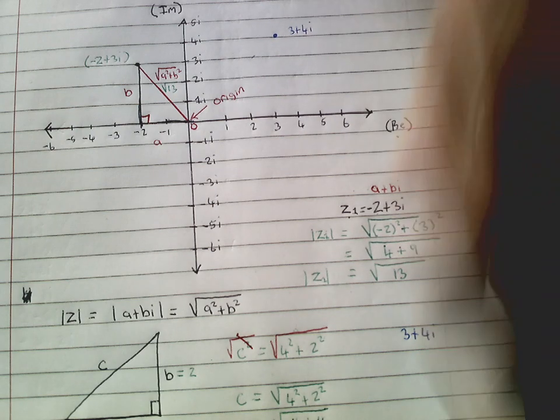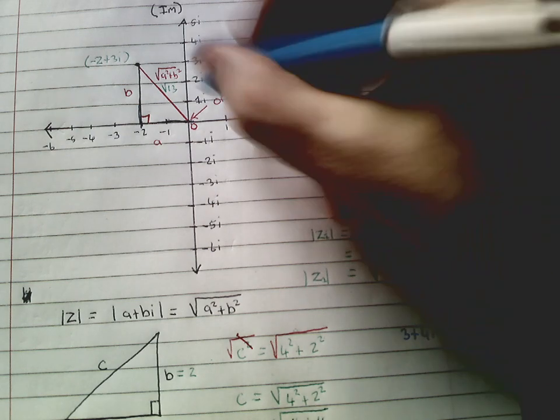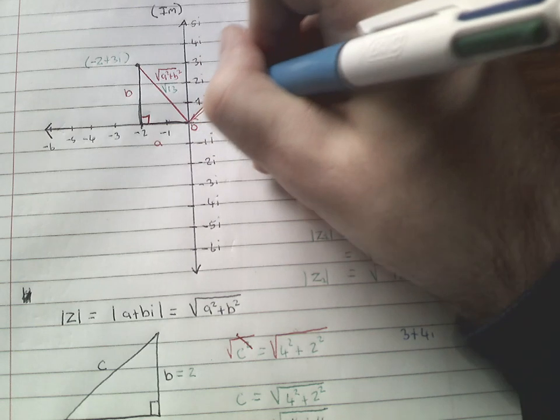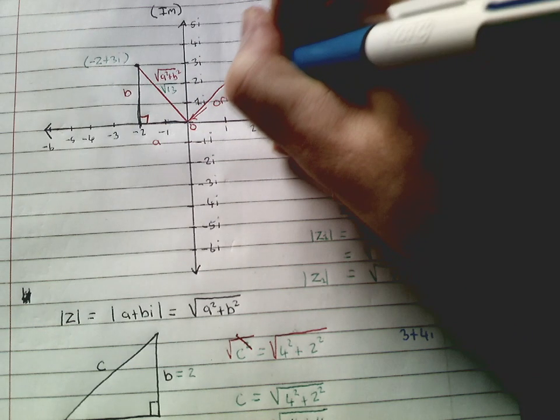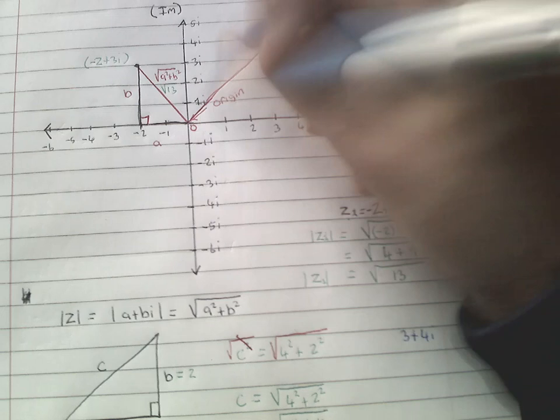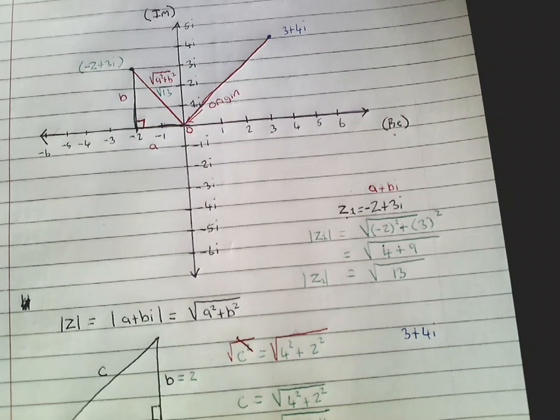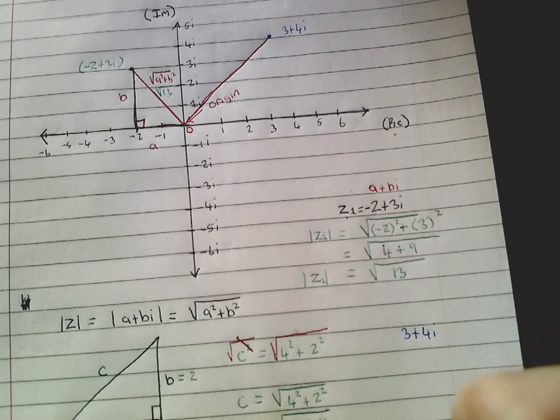And what I'm trying to do is get the modulus. The modulus is the distance from the origin right the way up to here. So this distance here, that's what I'm trying to find out. What is this distance? Remember, this forms a right angle triangle.